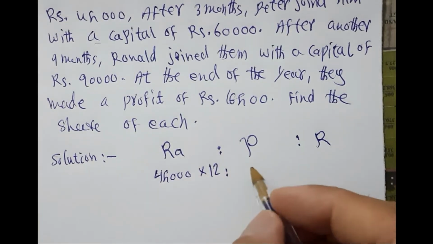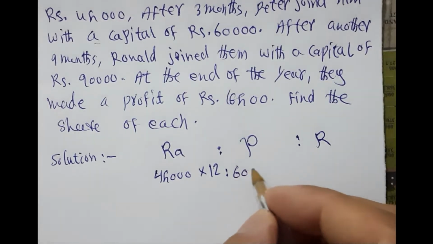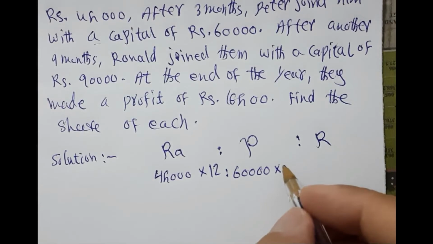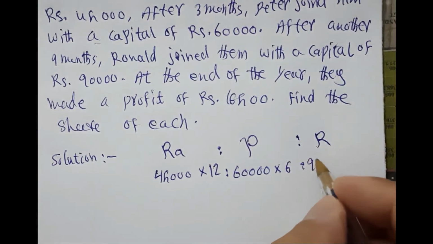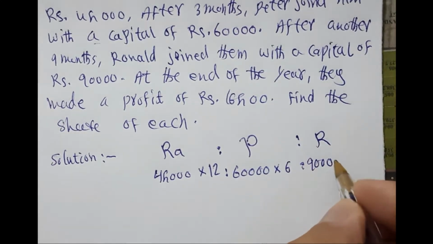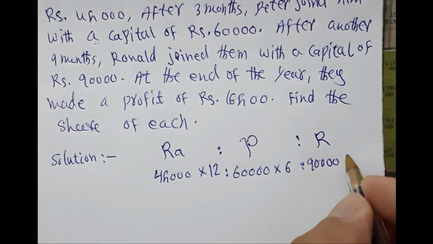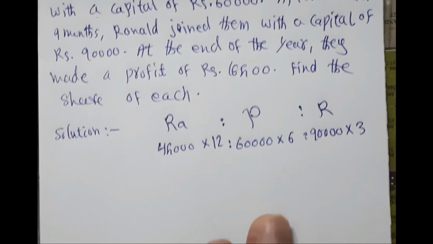The capital of Peter is 60,000, multiplied by the time he worked, 6 months. The capital of Ronald is 90,000, multiplied by 3 months he worked.